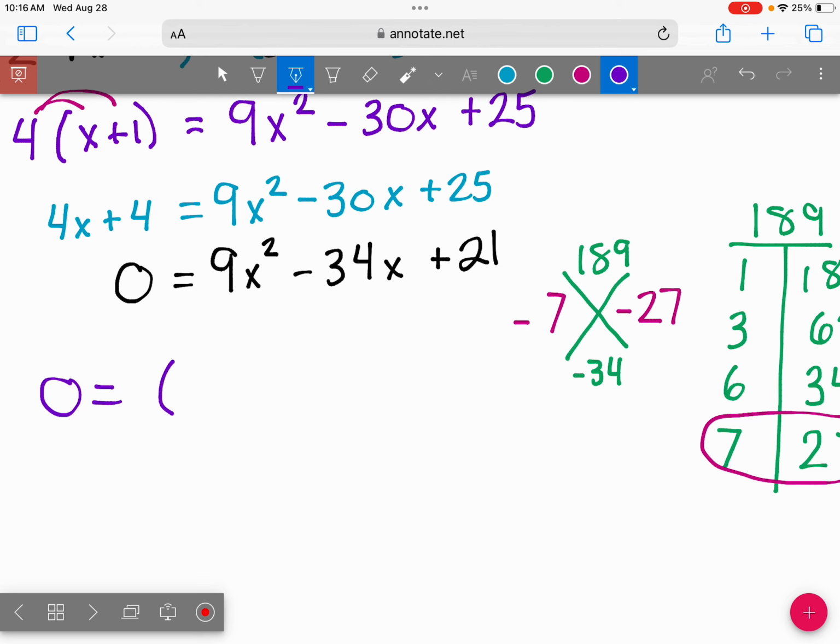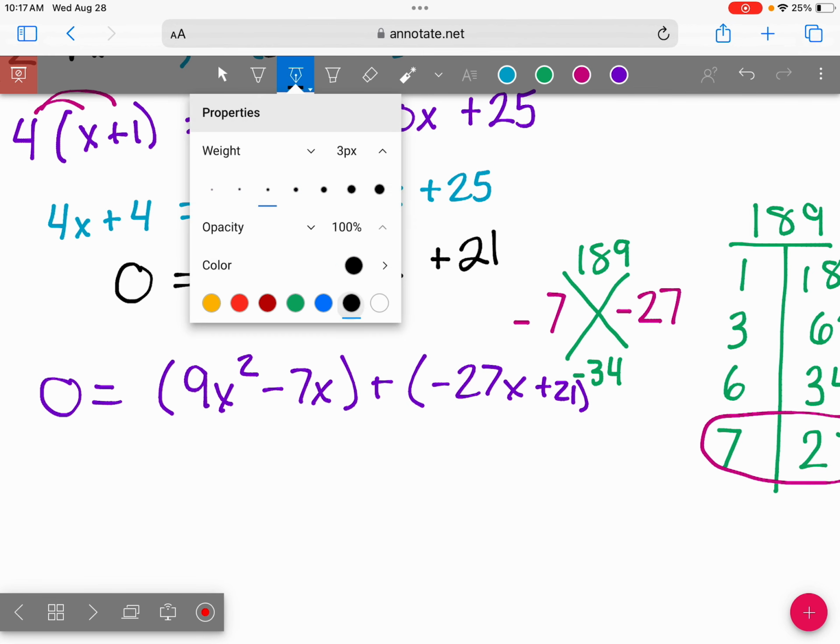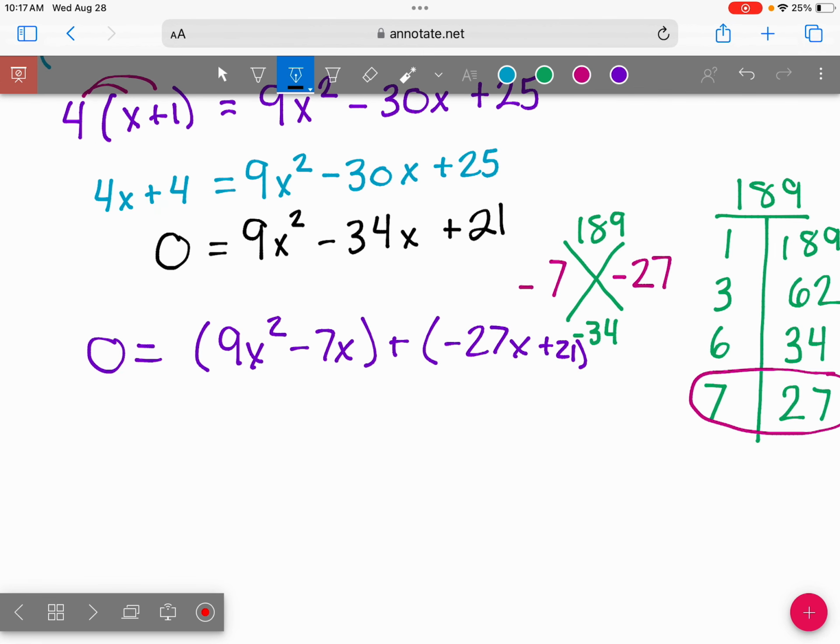So I'll do it by grouping right here. Our 9x squared minus 7x plus our negative 27x plus 21. Whatever method you want for your factoring here.